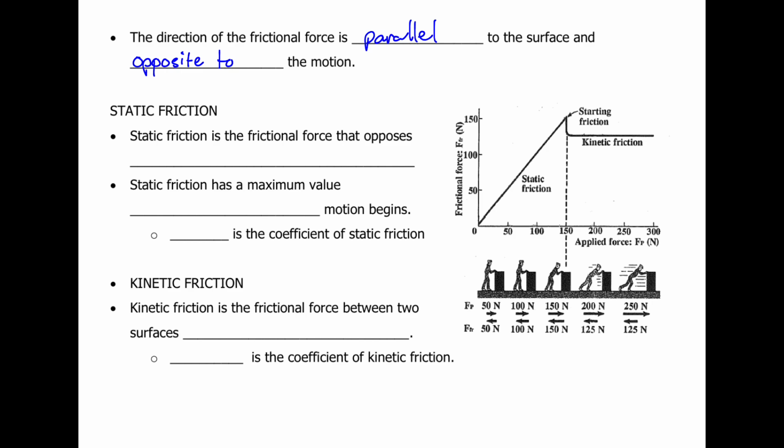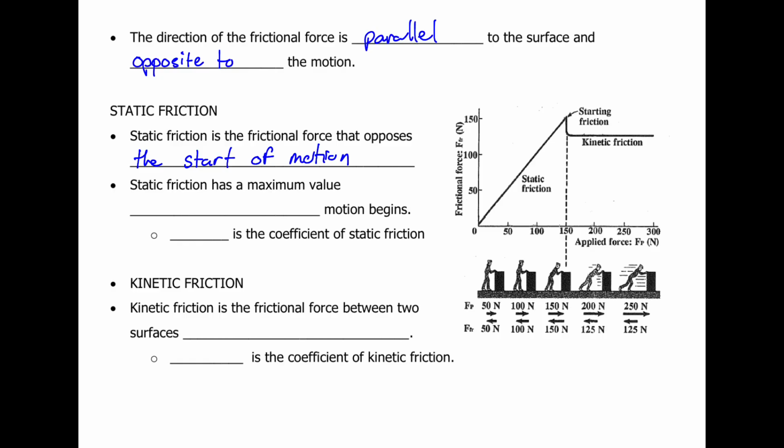There are basically two different kinds of friction. One is static friction, restricting the ability to start. So the start of the motion is what it's trying to stop. This is the kind of friction that just holds things still.